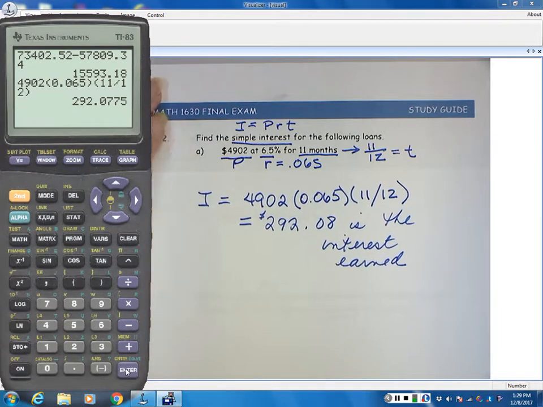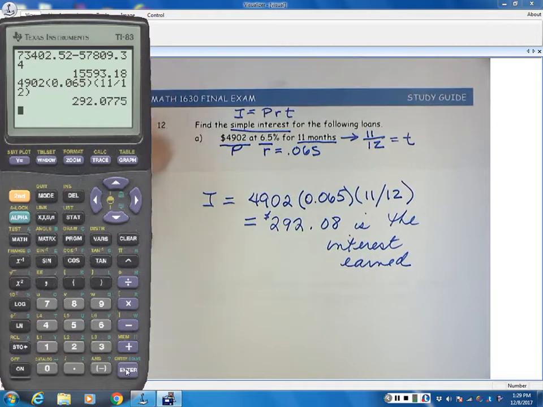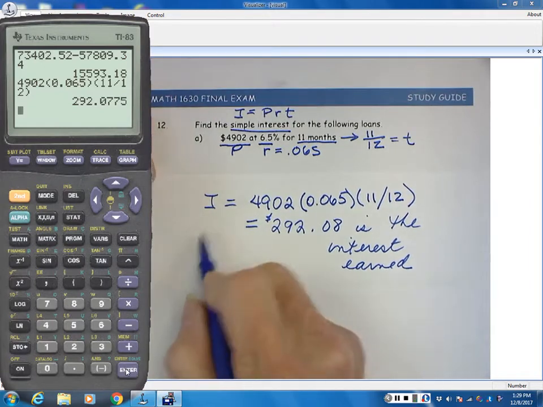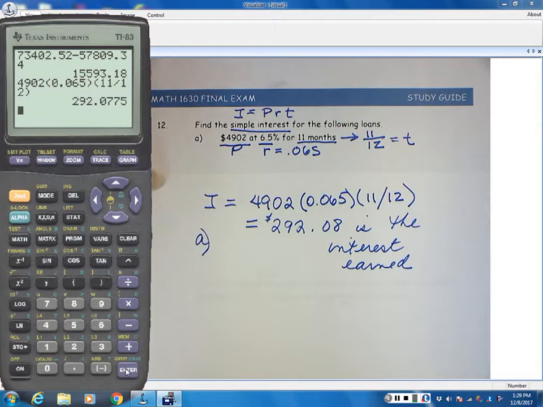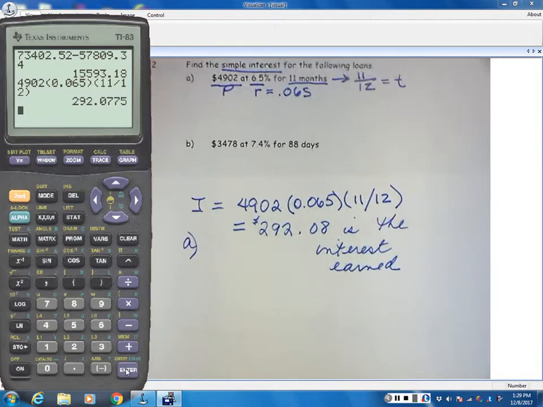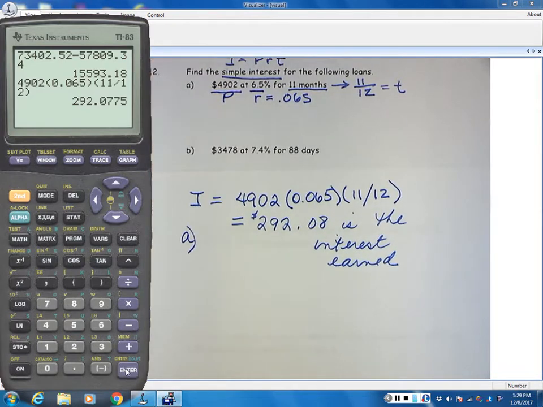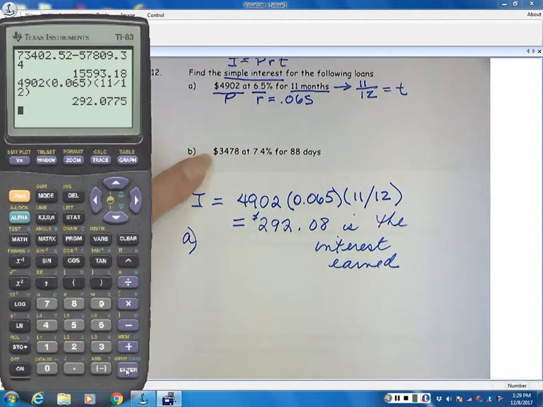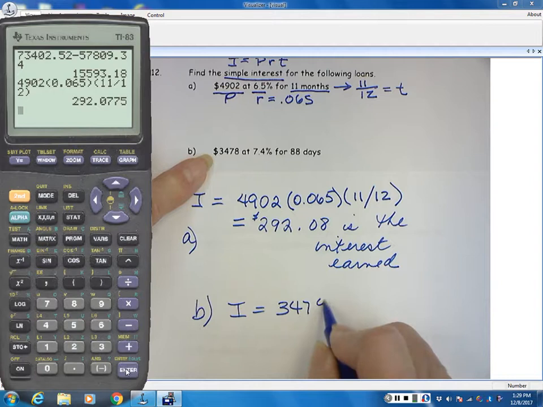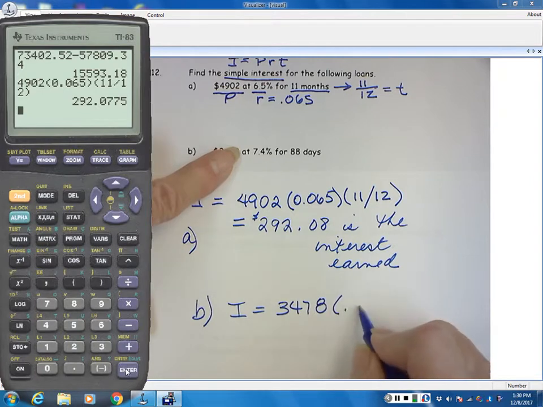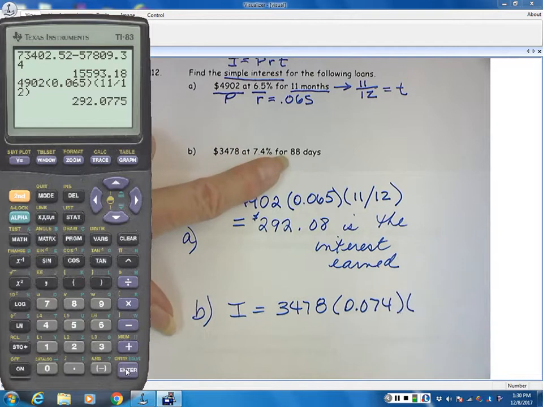And then it's going to be the same formula for the second problem. So for part B, the only thing we're going to change are the principal amounts. The interest rate is 0.074, and the time says 88 days.